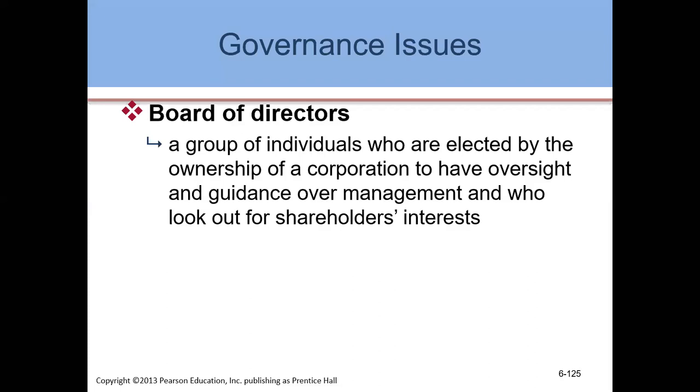No doubt we're talking about a corporate level orientation in which the board of directors comprises a group of individuals who are elected by the ownership of a corporation to have oversight and guidance over management and who look out for shareholders' interests.